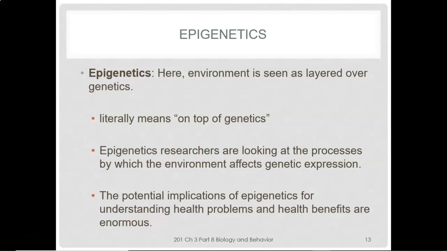That's kind of newer research, partially because we finally mapped the human genome in the 90s, and we needed that piece of the puzzle before we could look at the role of the environment on DNA.